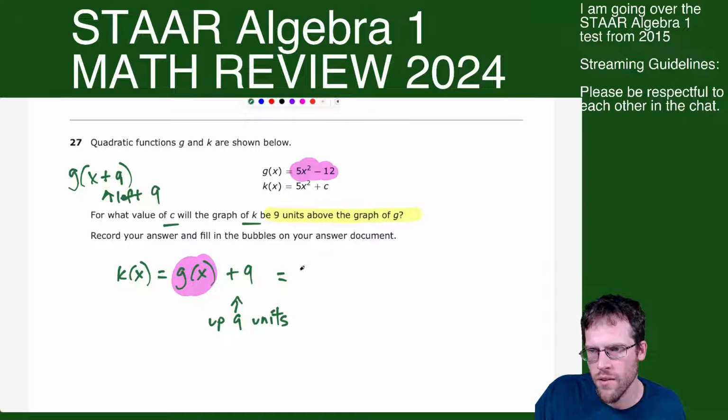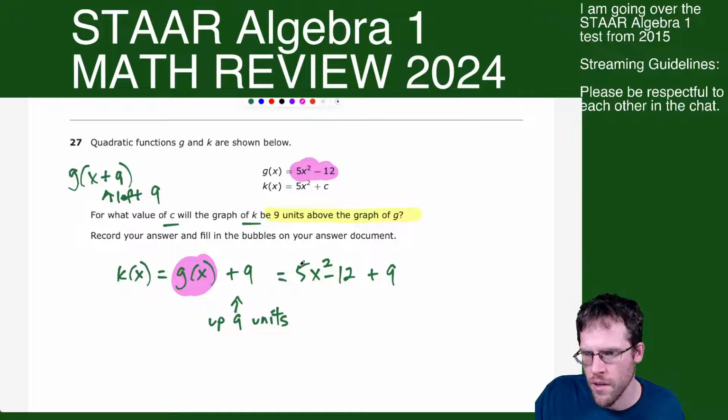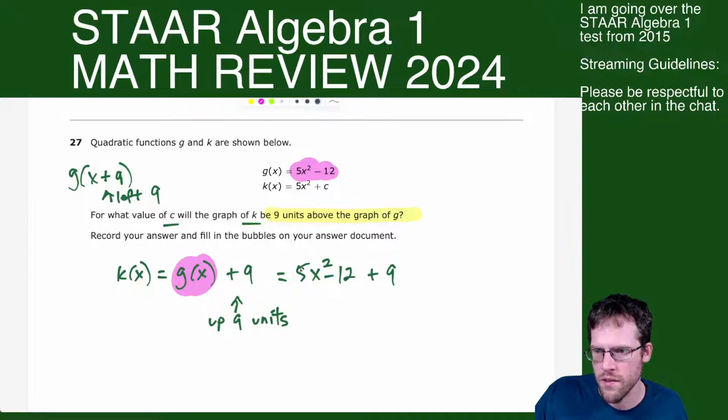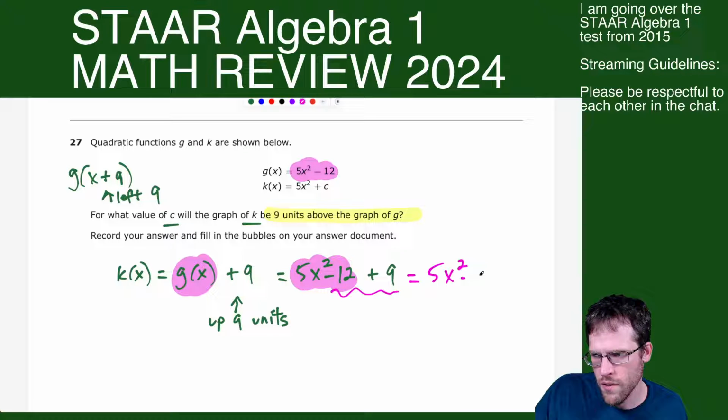Okay, so I'm going to have 5x squared minus 12 and then plus 9. Okay, so I'm making the substitution for this piece here. G of x, I'm replacing with 5x squared minus 12. And now if I add negative 12 plus 9, I get 5x squared minus 3. So the value of c at the end of k of x is going to be c is negative 3.